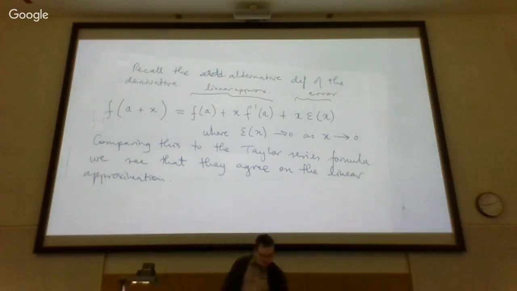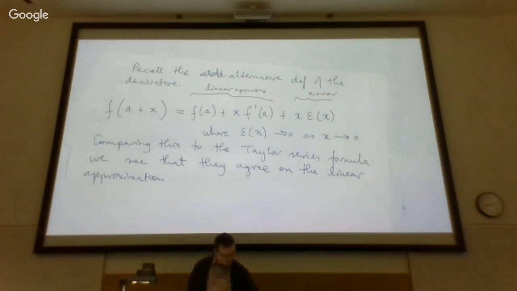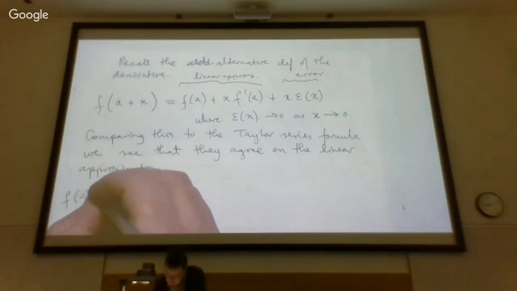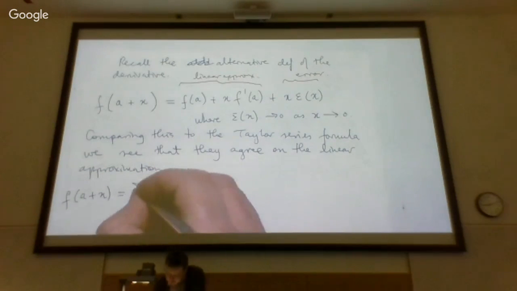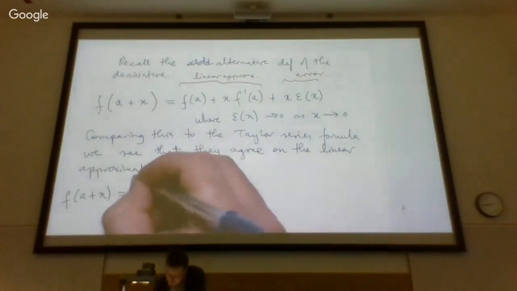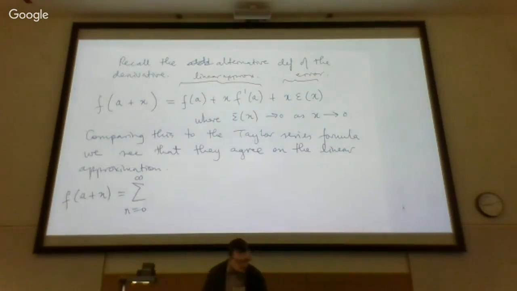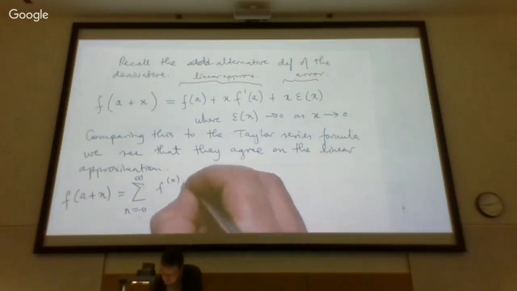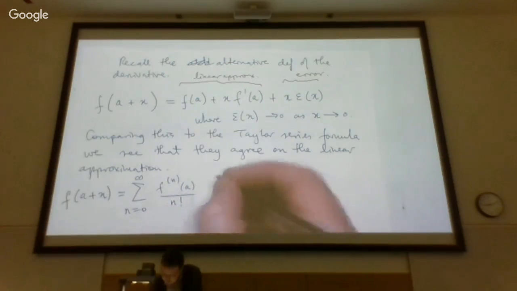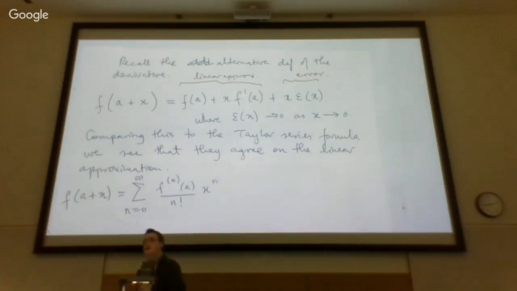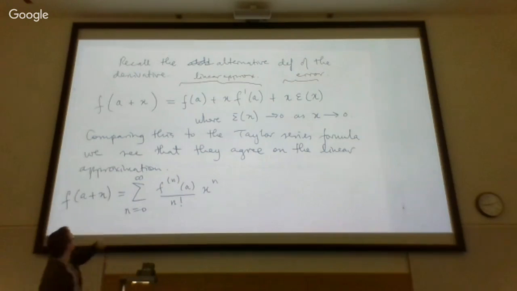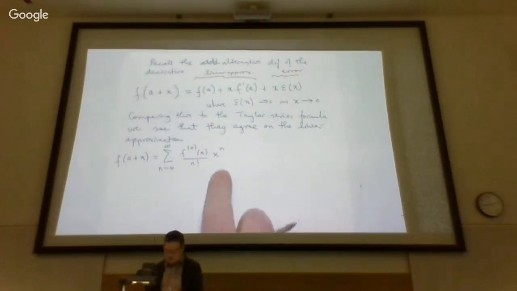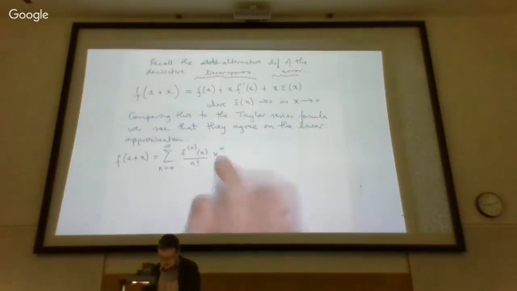Because if you take the formula for the Taylor series, f of A plus x is the summation n equals 0 to infinity of the nth derivative of f evaluated at the point A, over n factorial, times x to the power n. Well, if you look at the first few terms of this, what do they look like?